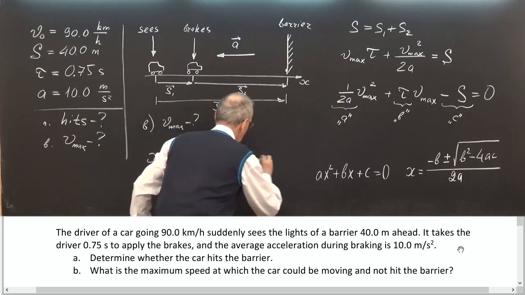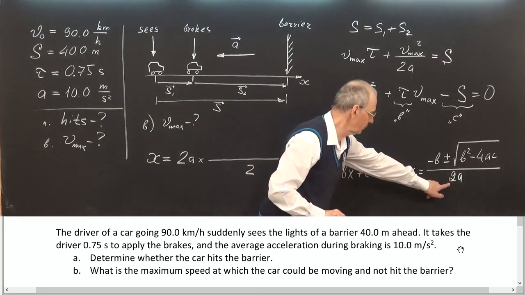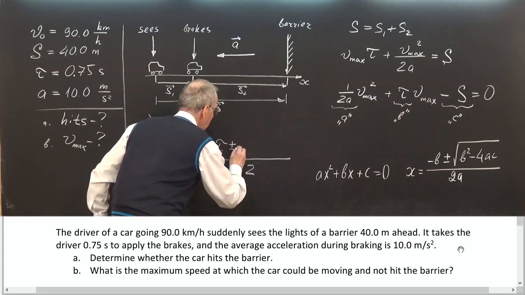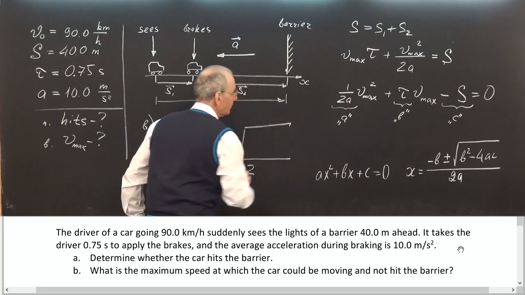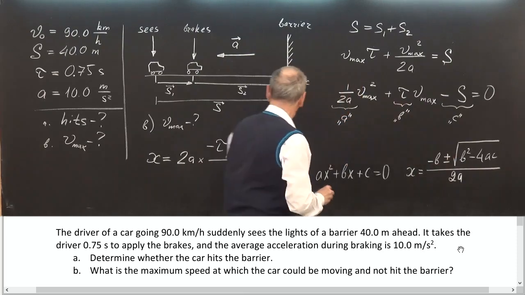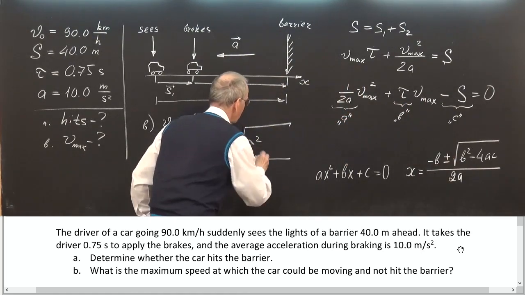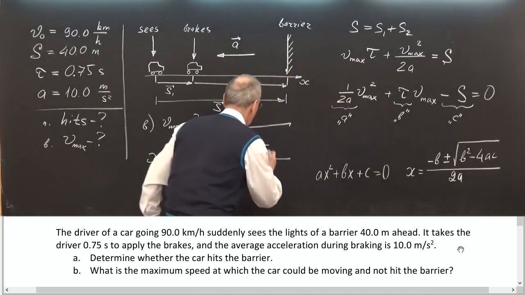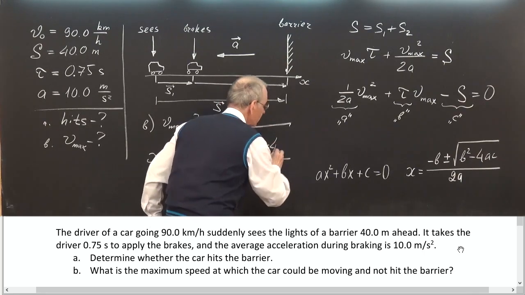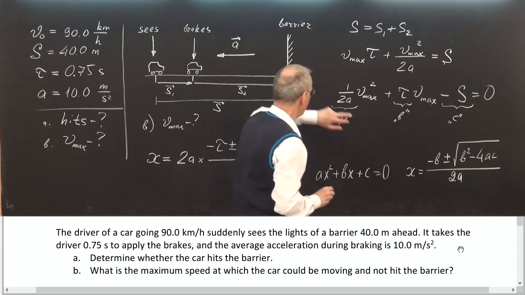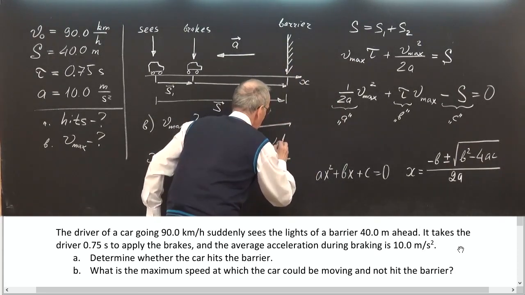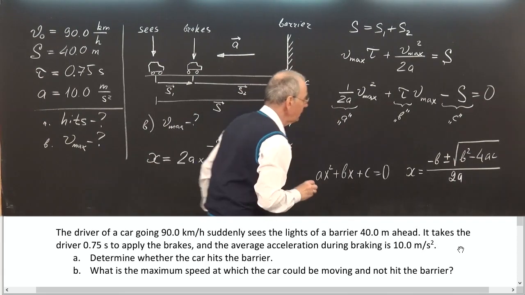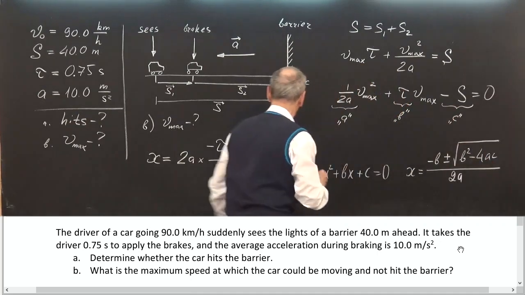Minus tau plus or minus the square root of tau squared, with this minus giving plus 4 times 1 over 2a times S.